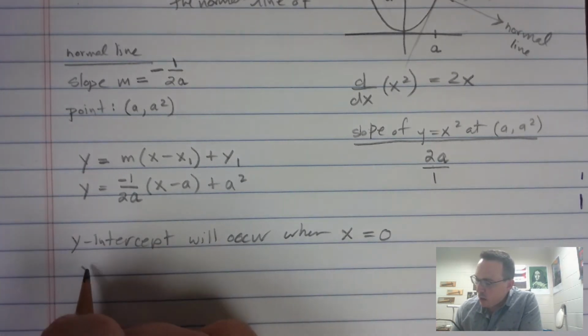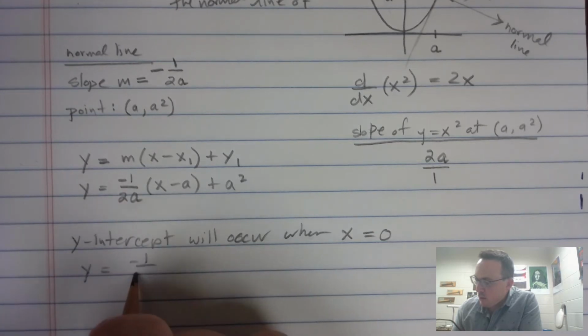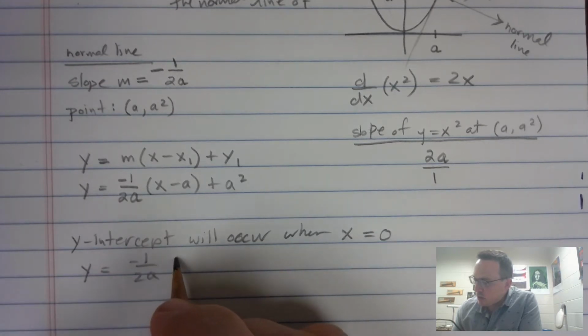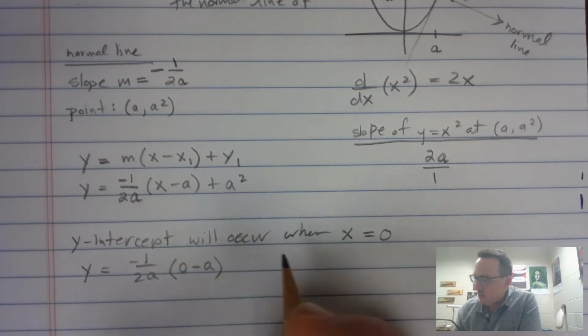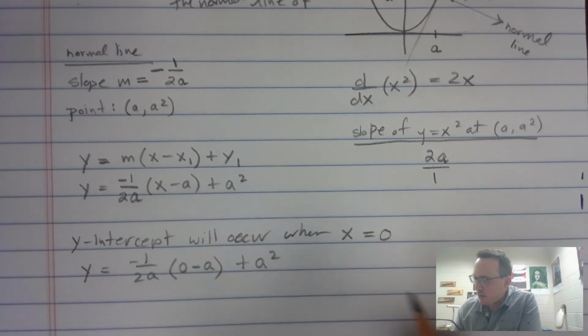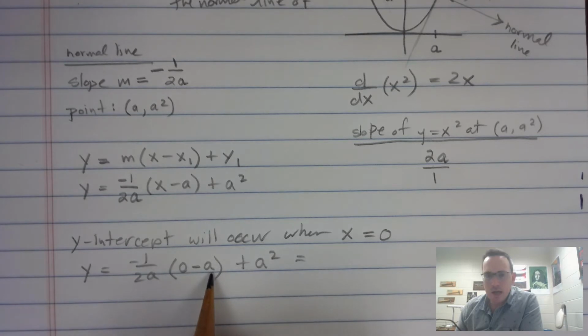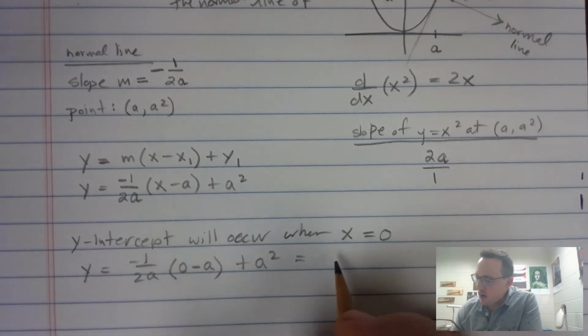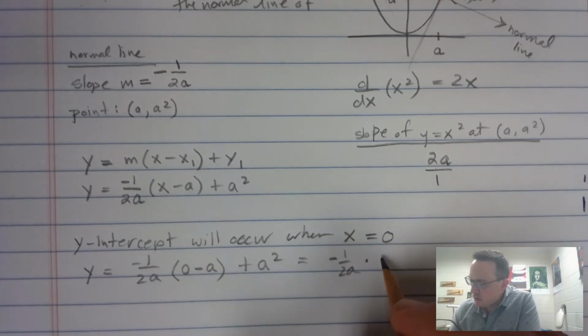So we take our equation y equals negative 1 over 2a times x minus a, plus a squared, but instead of x we sub in 0. Okay, that can then be simplified. 0 minus a is the same as negative a, and now we have negative 1 over 2a times negative a, plus a squared.